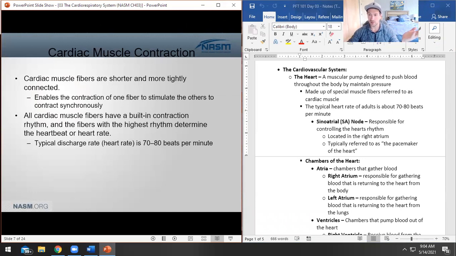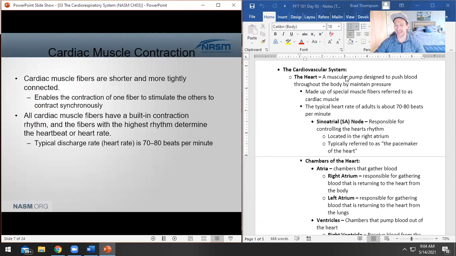You guys are all here to be personal trainers, so chances are your hearts are in pretty darn good shape. You've probably been generally active people. I always have to bring that up, because I've had so many students who see 70 to 80 and squint at that. But yes, typically it's around 70 to 80 beats per minute.